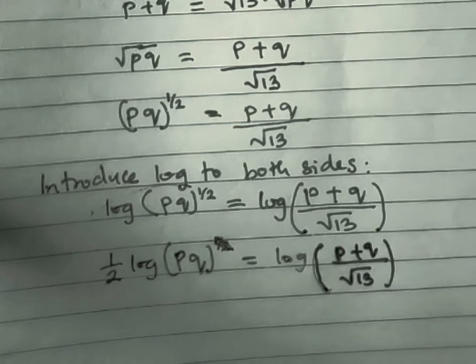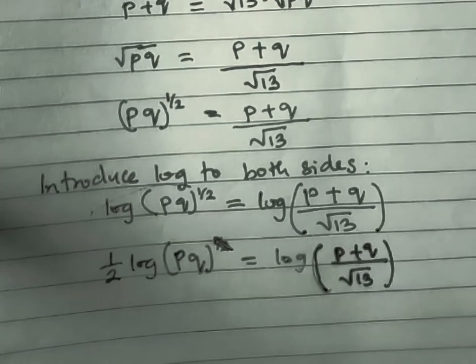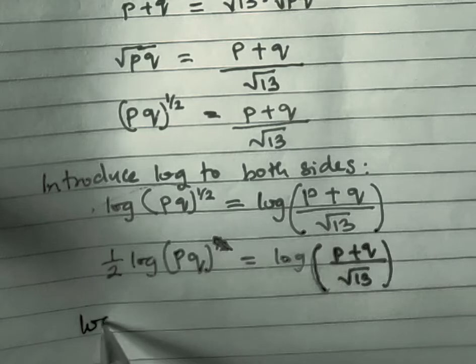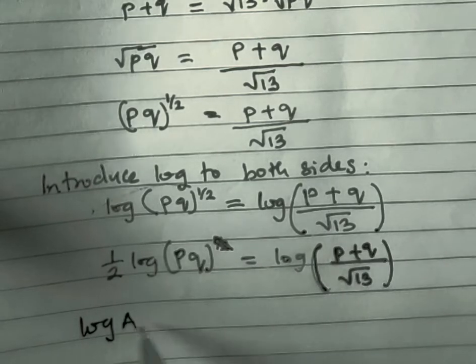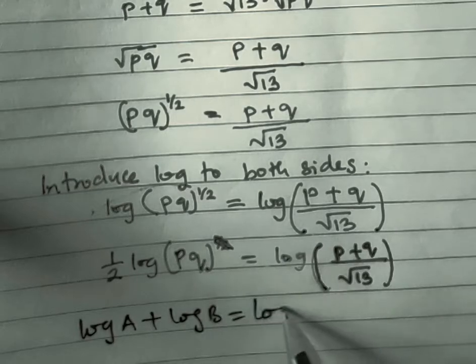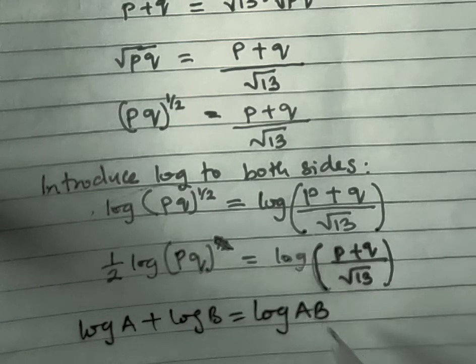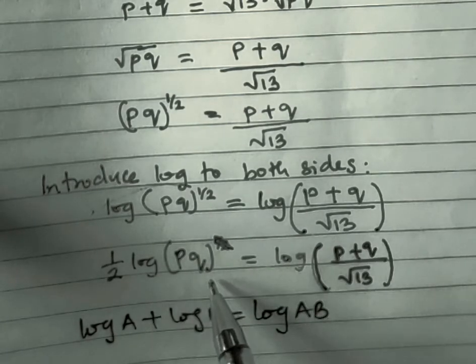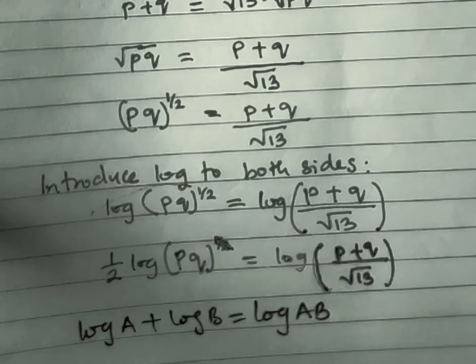Now there is another law of logarithm, which is the addition law, whereby whenever you have log a plus log b, it is the same thing as log ab. So if I have log pq, I can write it as log p plus log q.